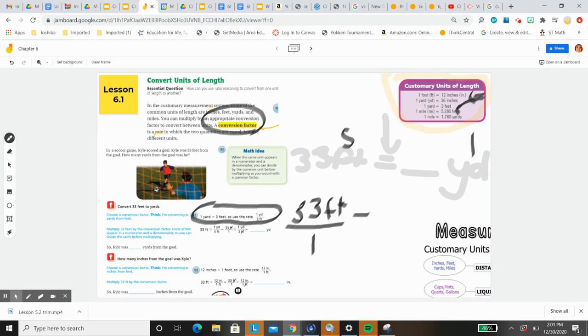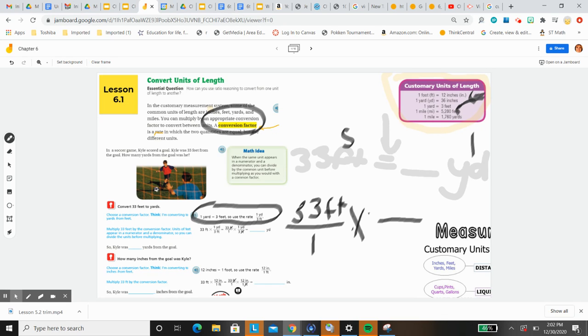So because it's a whole number, I want it over 1. I'm going to make an equivalent ratio, okay? But I'm going to use the conversion factor as my multiplication piece. So instead of an equal sign here, I'm going to use a multiplication sign. I'm going to multiply that conversion factor by the whole amount.